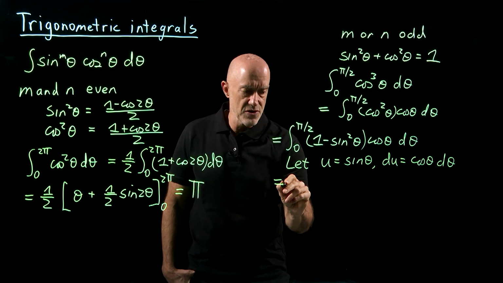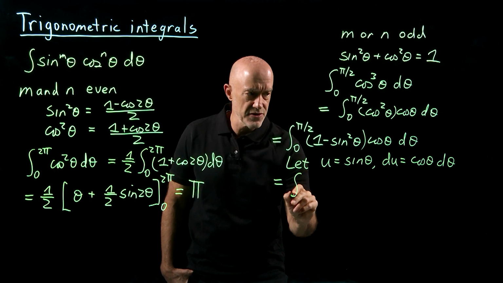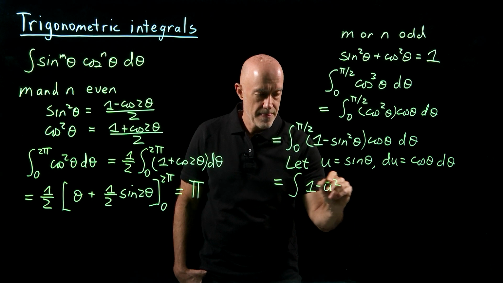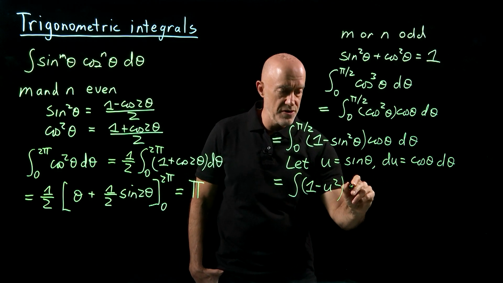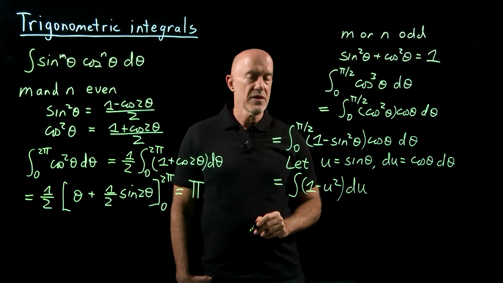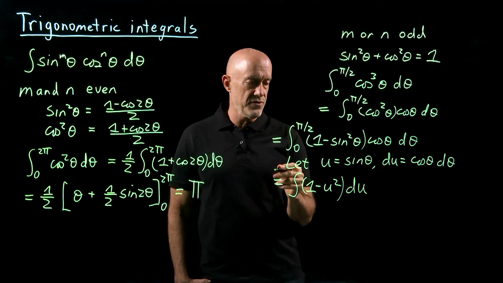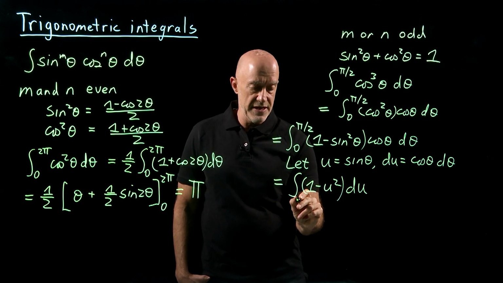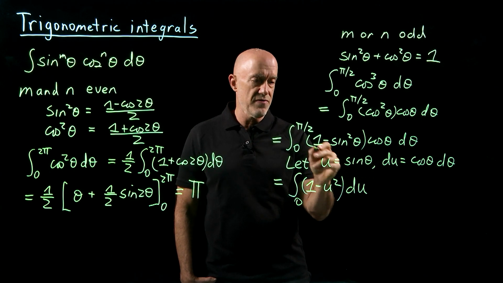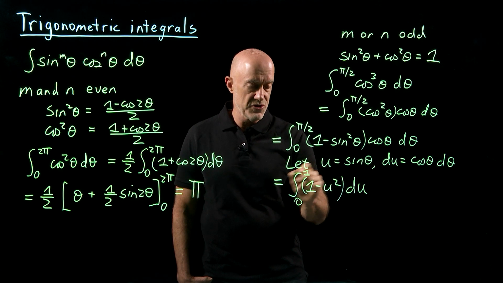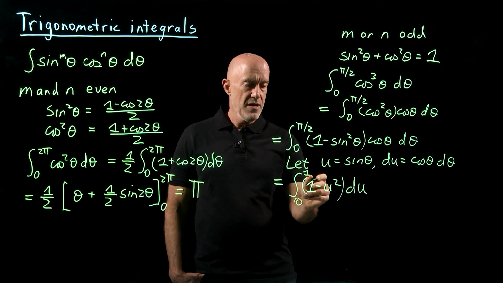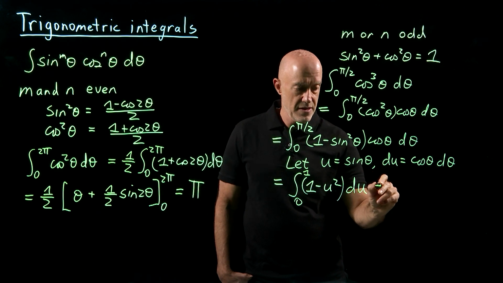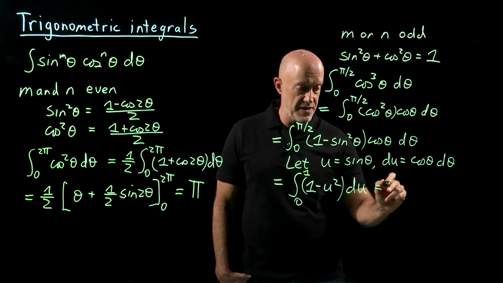So the integral then is the integral of 1 minus u squared, and then we have our du. Okay, we can change the limits, so we might as well change the limits. So when theta equals 0, u equals 0. And when theta equals pi over 2, u equals 1. We saw this limit change before. This is a polynomial. This is relatively easy to integrate. So the integral of 1 becomes u.